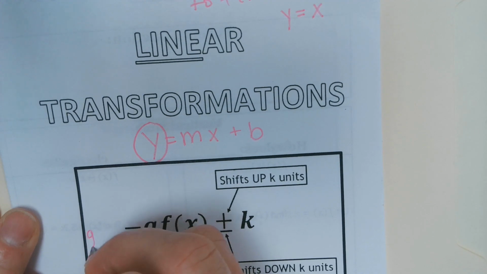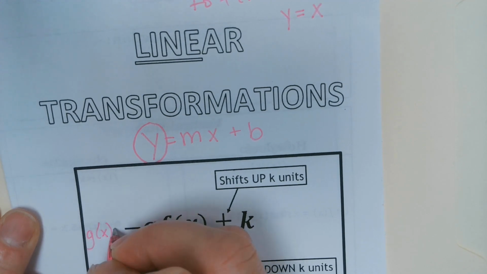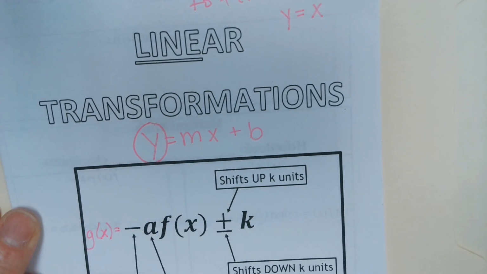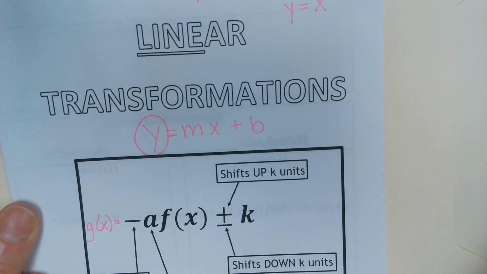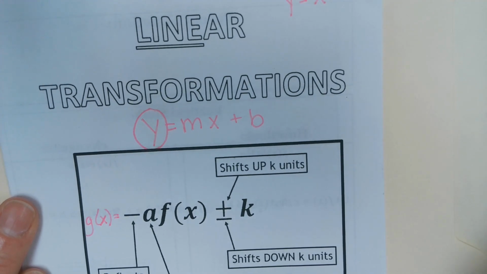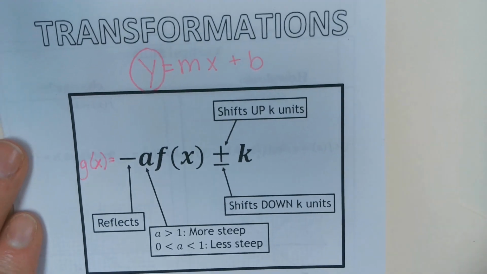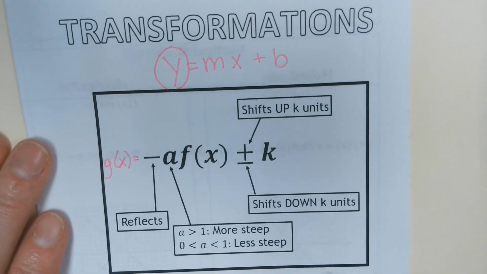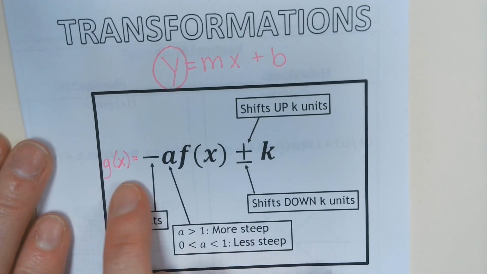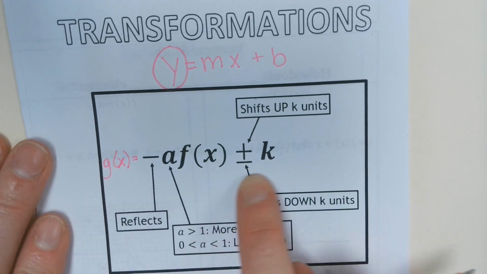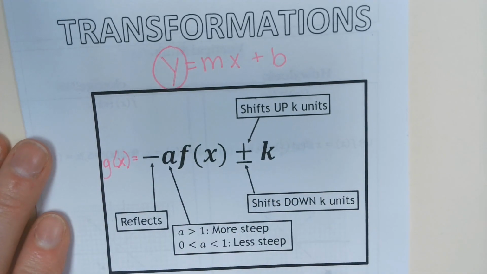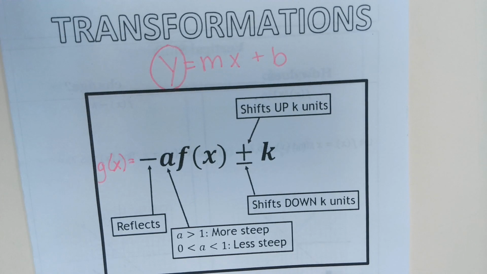For this one, it's going to be g of x equals negative a f of x plus or minus k. So honestly, this looks like Greek, right? Looks like something hard to understand. It's out of this world. But what we're going to do is break it down with each part.